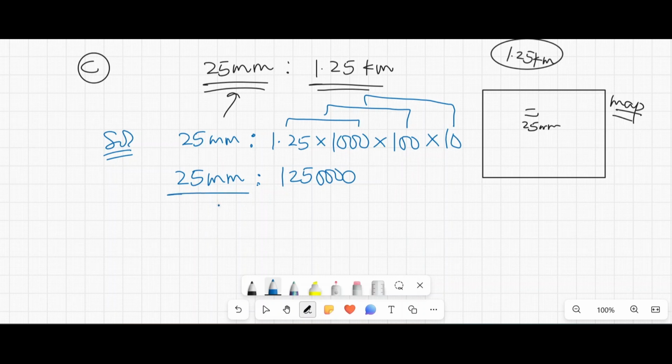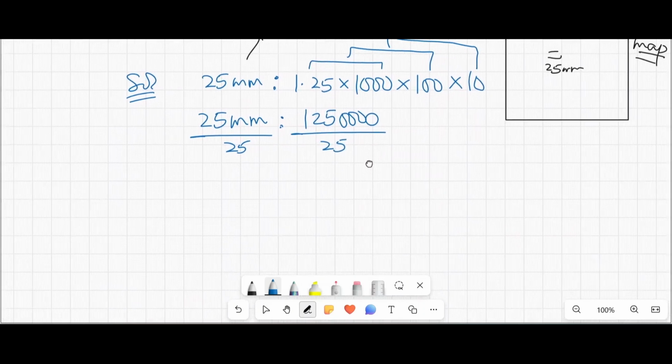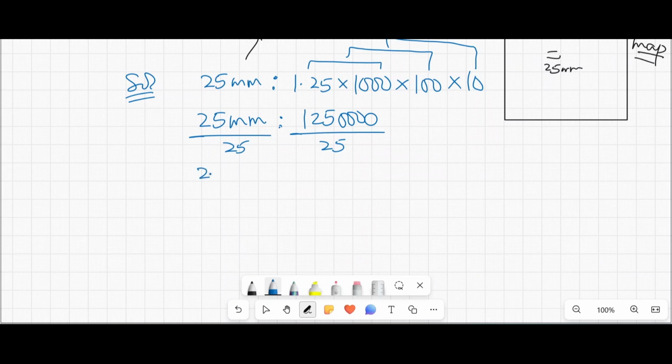So now divide with 5. You can divide directly with 25, but it will become difficult to handle. That's why this part will become 1 millimeter. On the other side, let's see, 1,250,000.